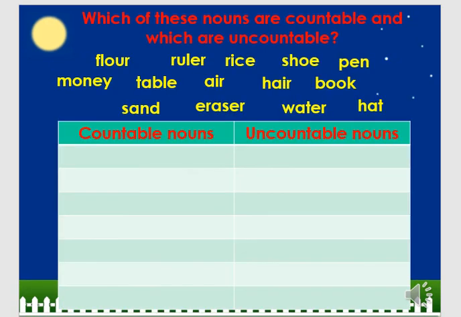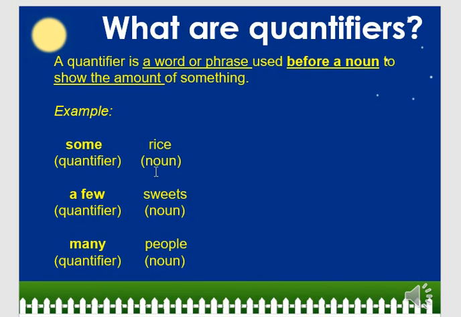Before we continue, you will remember that I said rice is an uncountable noun, so we use the quantifier some. This means the quantifier that we use depends on whether the noun can be counted or not.